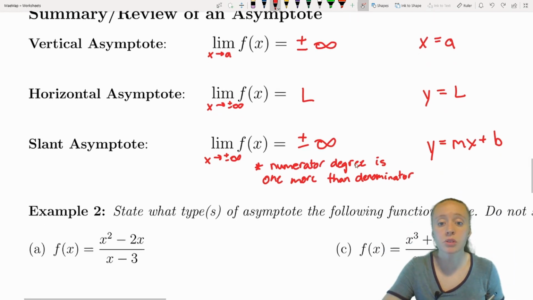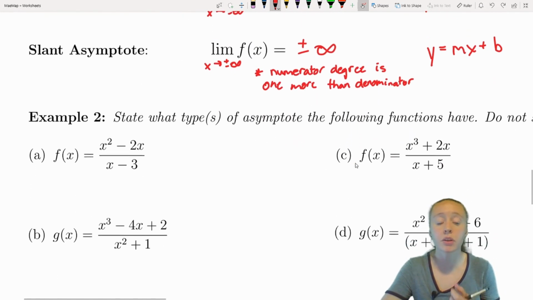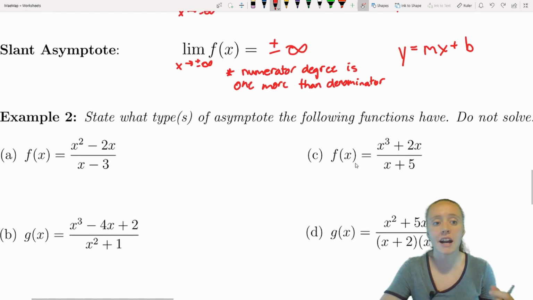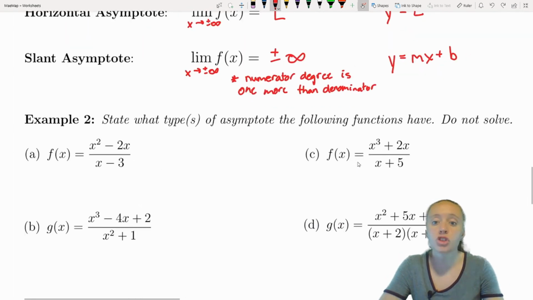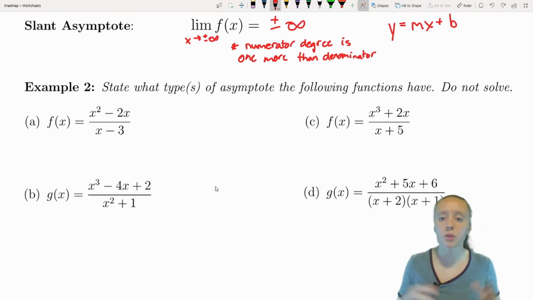So in example 2, we're just going to state what type of asymptote the following functions have, but we're not going to actually solve for them. So if you realize that one of them has a slant asymptote, don't worry about doing that polynomial long division for it. So let's just go in order just to keep this simple. Let's first check for any vertical asymptote. And a vertical asymptote occurs when that denominator cannot be canceled out.